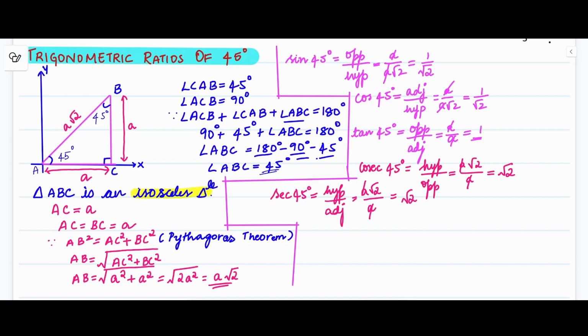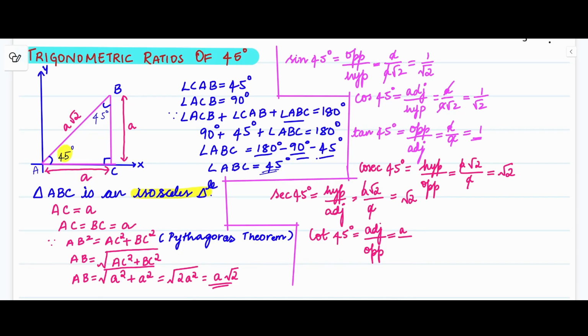And our last trigonometric function is cotangent theta, that is cot theta. In our case it is cot 45 degrees. The definition of cot theta is always adjacent divided by opposite, or the perpendicular side of the triangle. First is our adjacent side, which is AC, adjacent to our angle theta 45 degrees, which has a length A, divided by the opposite side.